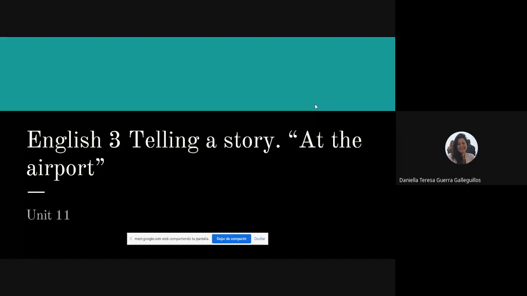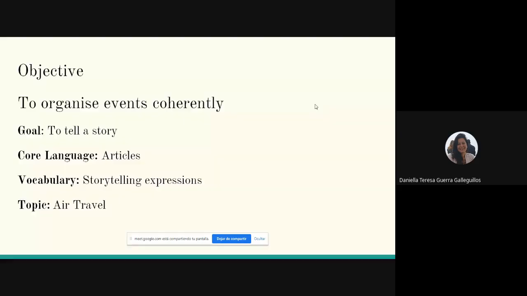In the achievement test, I'm going to ask you to identify the expressions, but also to apply them in a coherent and cohesive text where you can describe an event or situation that happened to you at an airport. Of course, it can be invented, but the idea is that you use the connectors presented now. Also, the correct use of the articles and the storytelling expressions.